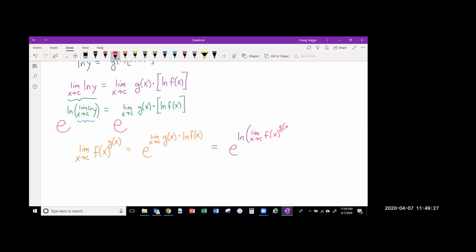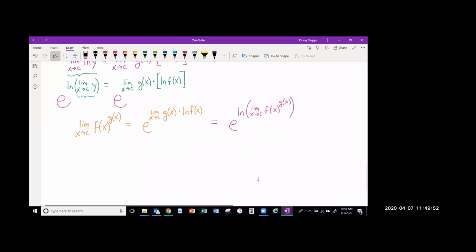So the way that we're going to handle these, the easiest way I've found anyway, is to simply rewrite this limit. See this limit on the inside here? We're going to rewrite this limit as e to the power of ln of the limit, because e to the power of ln cancels. But it's going to allow me to bring this g of x to the front, and then we're going to be able to go from there.